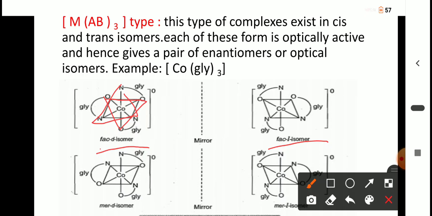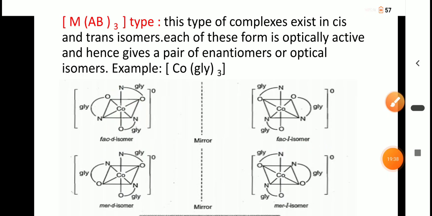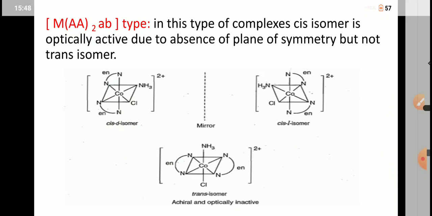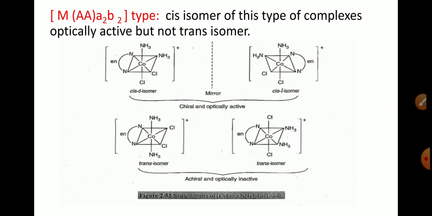Next example, mer isomer, or it is a trans isomer. The cis isomer also shows optical activity, and the trans isomer is also showing optical activity. Trans or mer isomer means here the nitrogen atoms, or one kind of atoms, are present in the plane bisecting the complex.